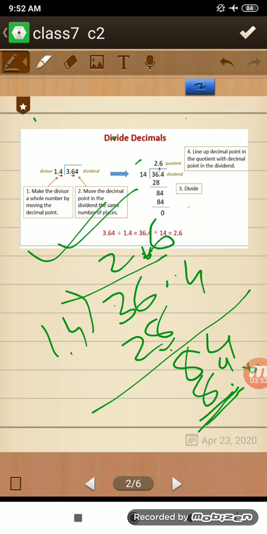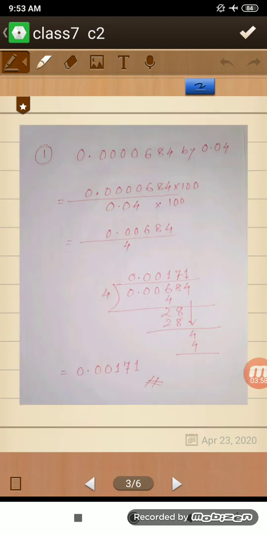Now I am going to discuss a few problems so that you can understand better. Now taking one problem from your book. Here you can see problem number 1, 0.000684 divided by 0.04.